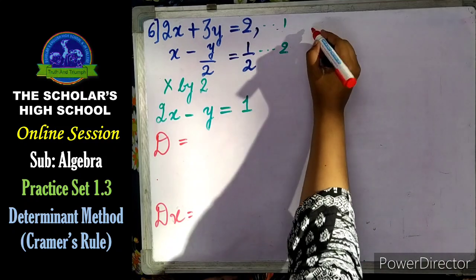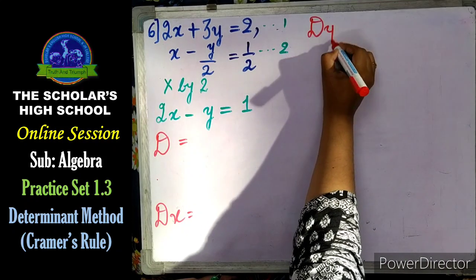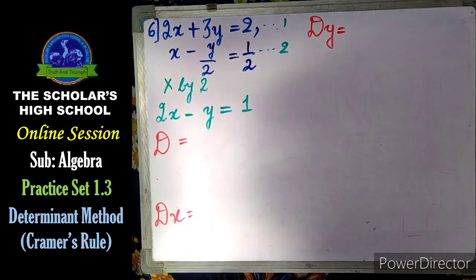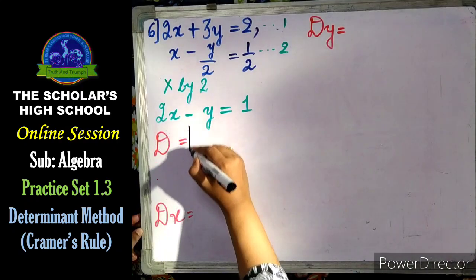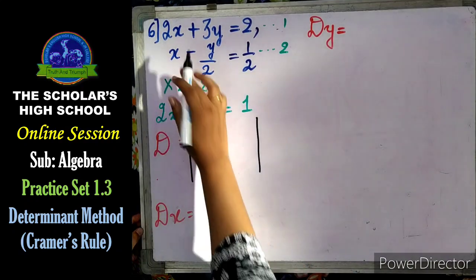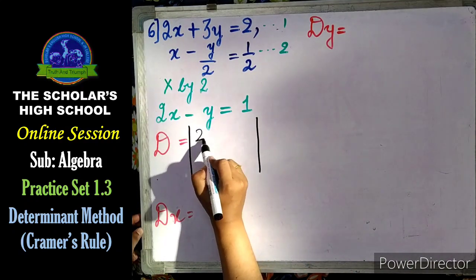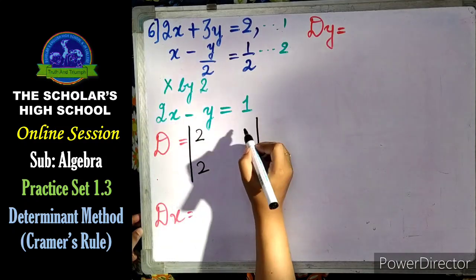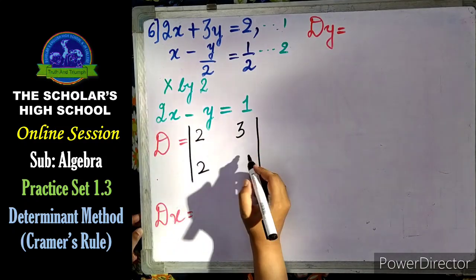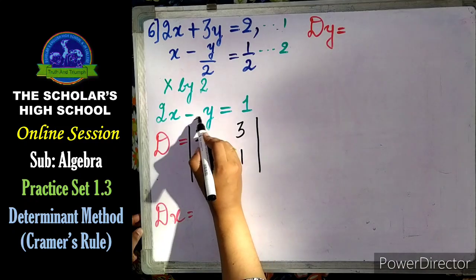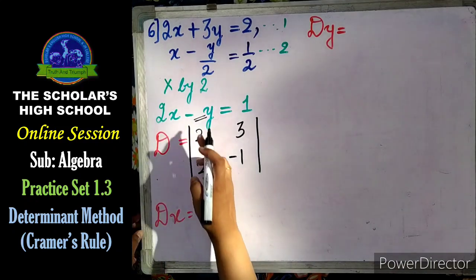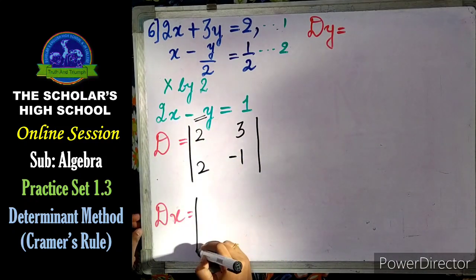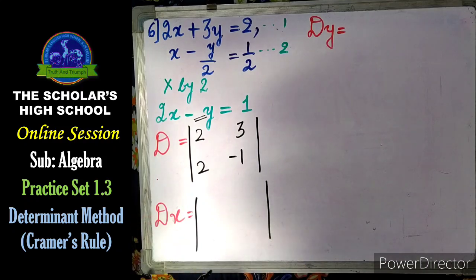Here we don't have much space, so we will find dy here. So let us fill the columns. A1, A2, B1 is 3 and B2 is minus 1. No coefficient means 1. So the sign is negative, so we have written minus 1. Now C1, C2.